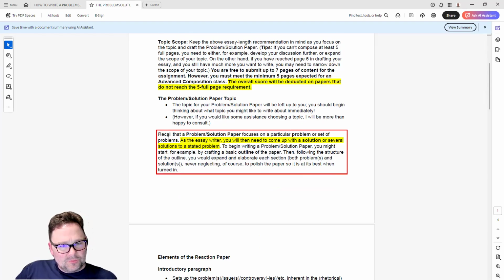So this is just refocusing us on what that previous document said, that the problem solution paper focuses on a particular problem that you need to come up with a solution for, or solutions plural.